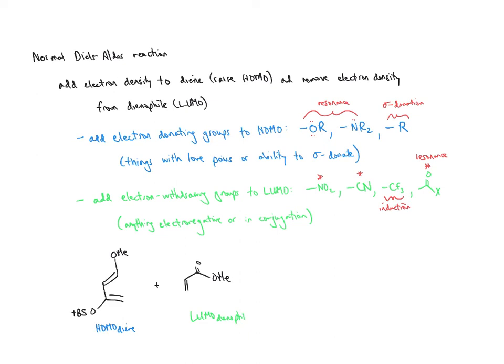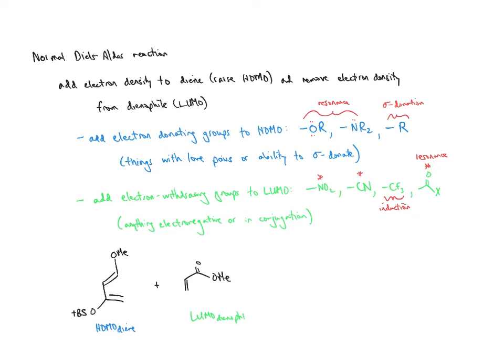You can do this here, or you can do this here via resonance. In the case of the LUMO of the dienophile, we have an ester group which resembles that carbonyl, which is removing electron density from the system via this pathway. Electrons on oxygen are very stable as negatively charged.